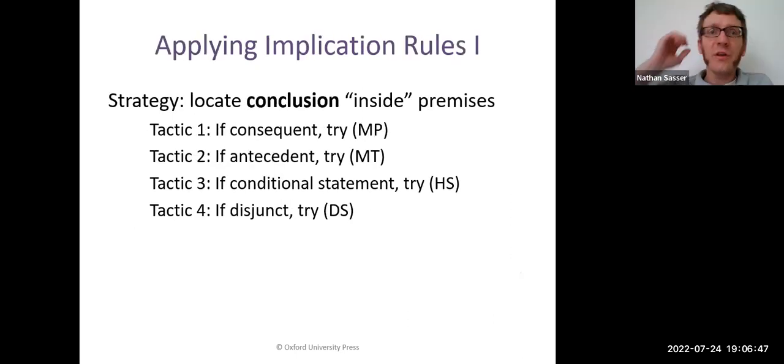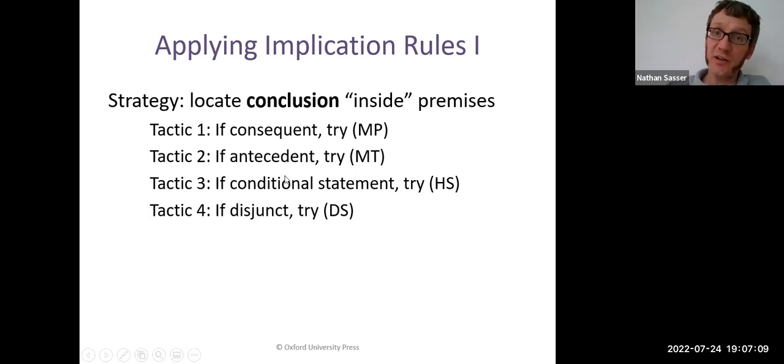So your strategy is to locate the conclusion somehow inside the premises. If the conclusion is the consequent of a conditional premise, then try to prove it using modus ponens. If it's the antecedent of a conditional premise, then try to prove it using modus tollens.